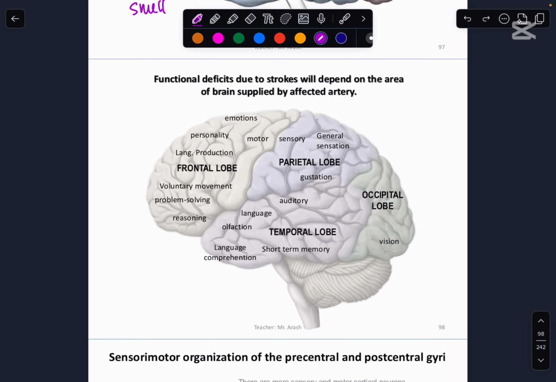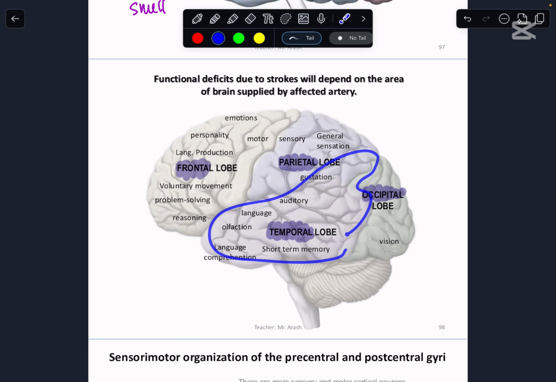So this slide shows you all the detailed functions of each lobe. Okay, so if you remember, I already told you what the four lobes are. So you have frontal lobe, you have parietal lobe, you have occipital lobe, and you have temporal lobe. And this is color coded. So if you pay close attention to the color differences, you can see what each lobe really is involved with.